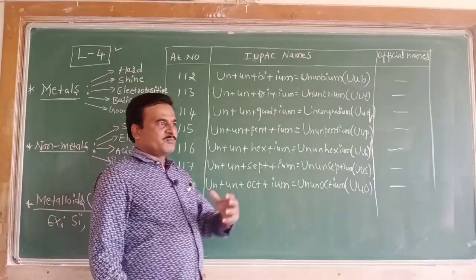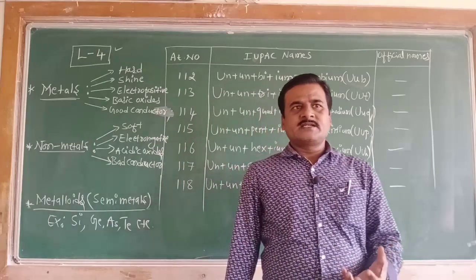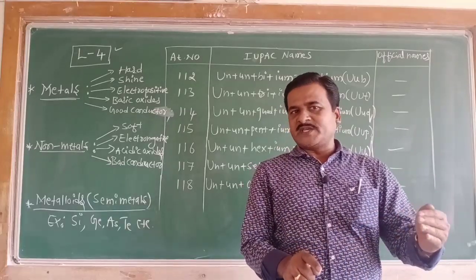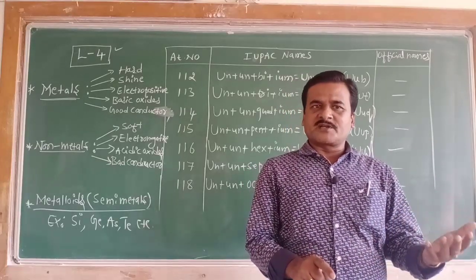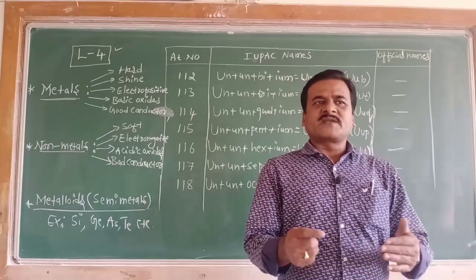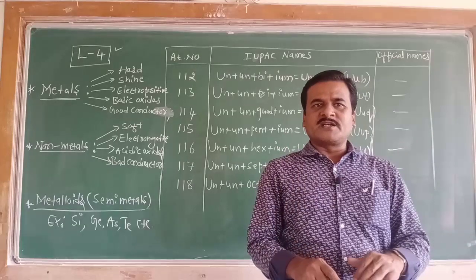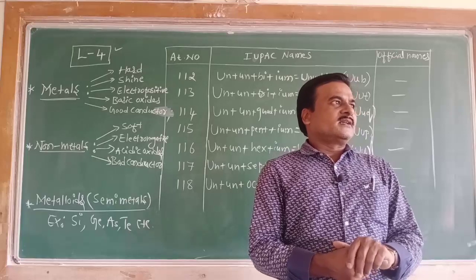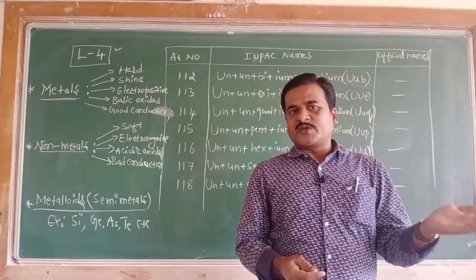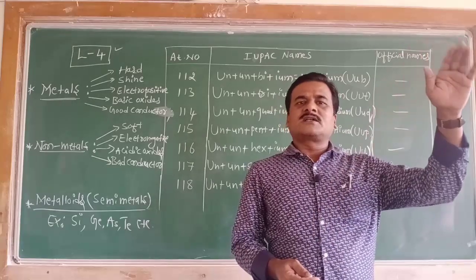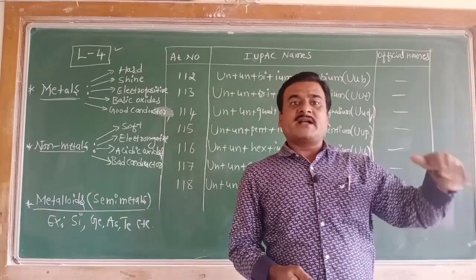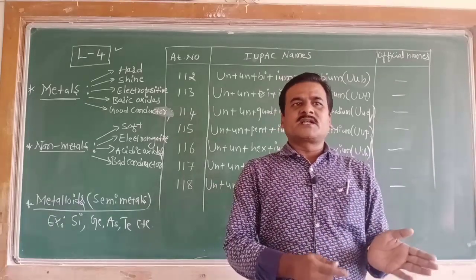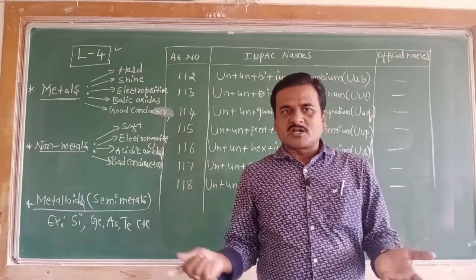Well, students, before I conclude today's class, we have learned the writing of IUPAC names of elements with atomic number more than 100, and the further classification of elements in the modern periodic table into metals, non-metals and metalloids. As compared to Mendeleev's periodic table, most of the demerits of Mendeleev's table were solved in the modern periodic table.